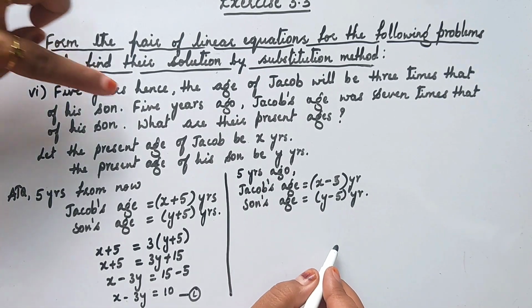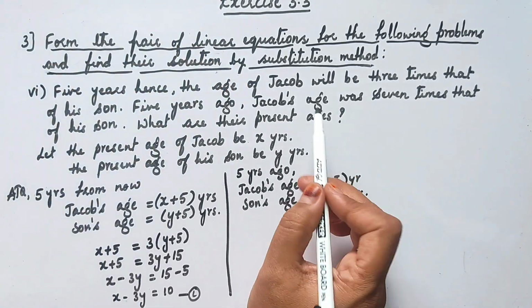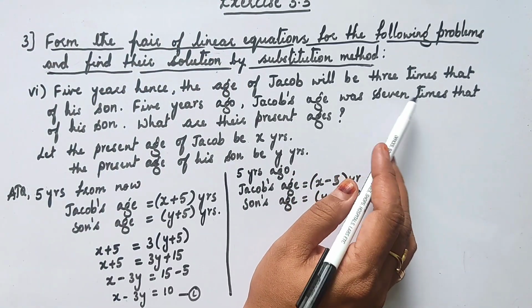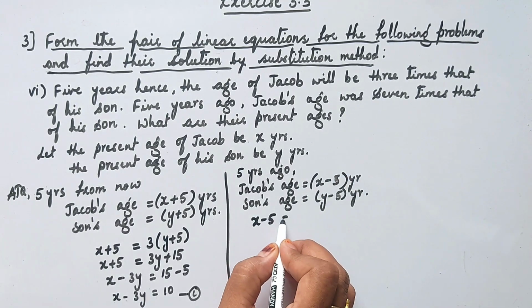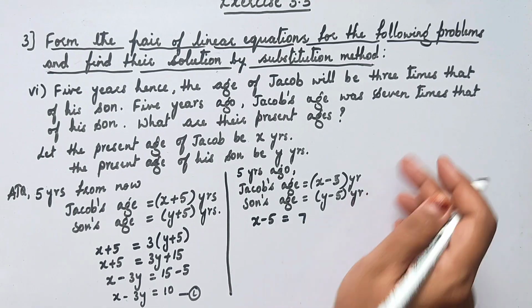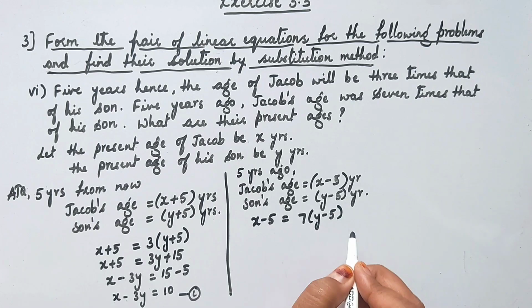Okay. Now according to the question, 5 years ago, Jacob's age was 7 times that of his son. The son's age is y minus 5.